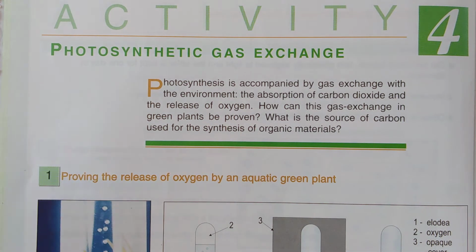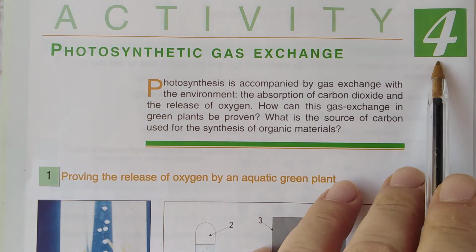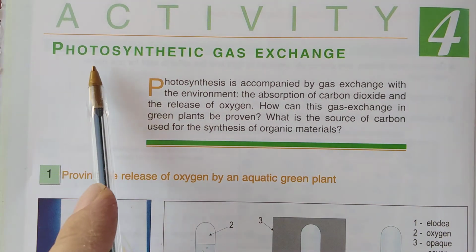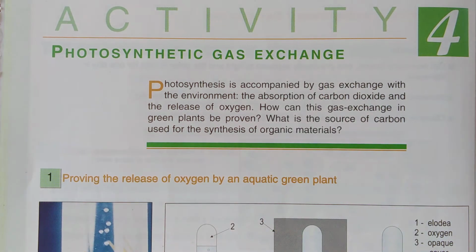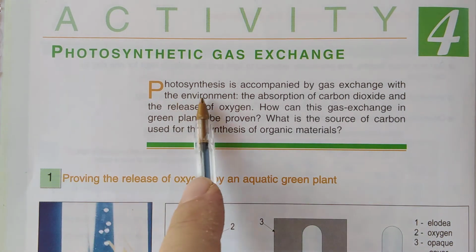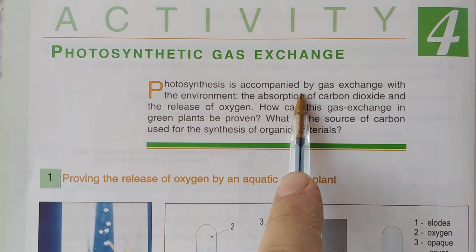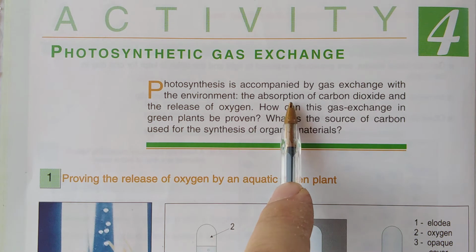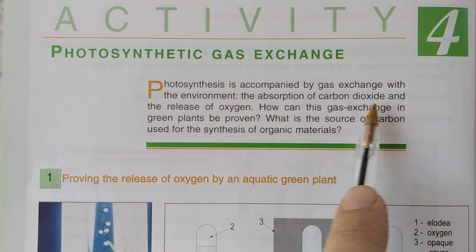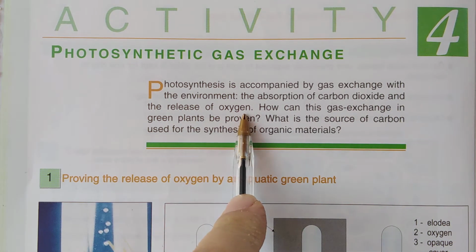Hello, grade 10 learners. Today we will talk about activity 4 in chapter 1 that talks about photosynthesis gas exchange. As an introduction, photosynthesis is accompanied by gas exchange with the environment, the absorption of carbon dioxide and the release of oxygen.